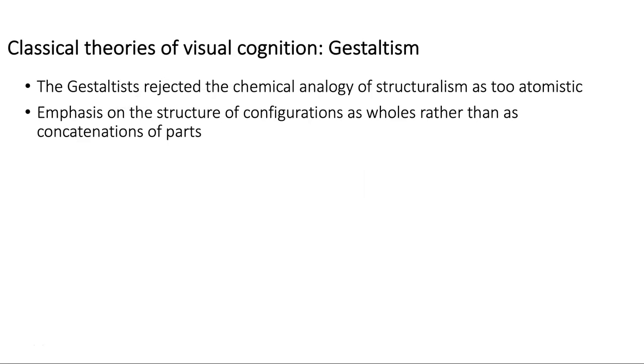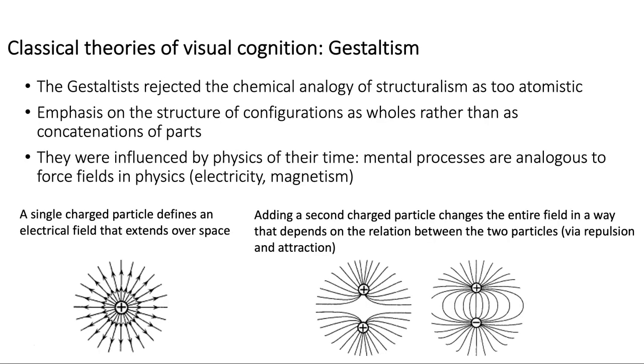And to sum up, they focused on configurations, and maybe they followed the physics of their time. I mean, in the 1920s, 1930s, force fields were popular in electricity and magnetism, and this force field was also about organization of the matter.